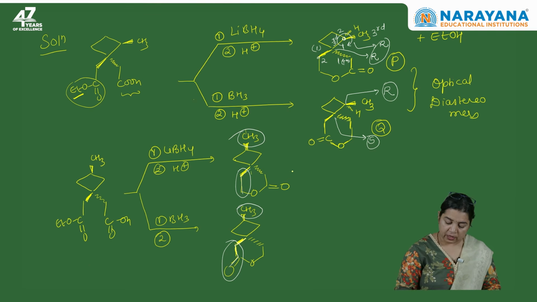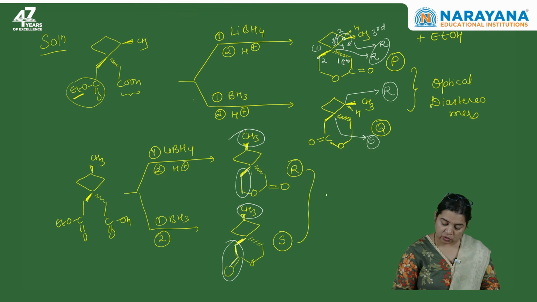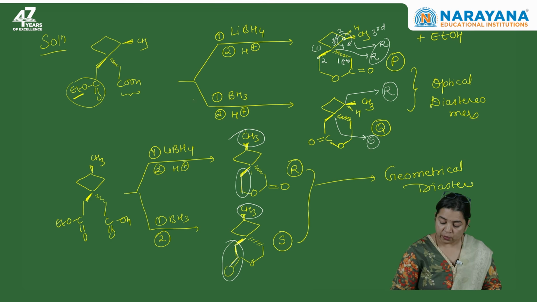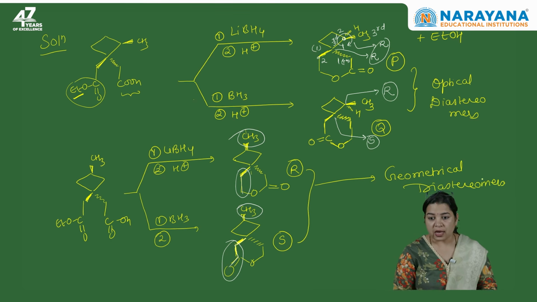So this time, these two, which are these two? R and S. These were the names. These two are geometrical diastereomers. I hope you already know the definition of diastereomers.